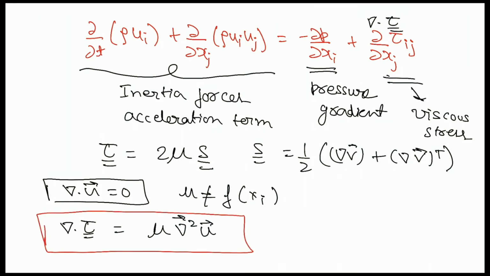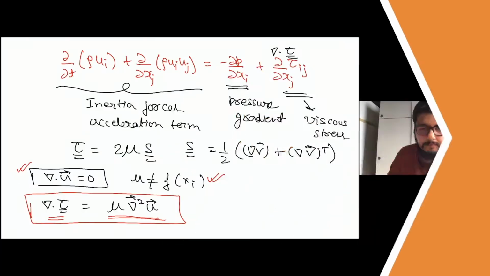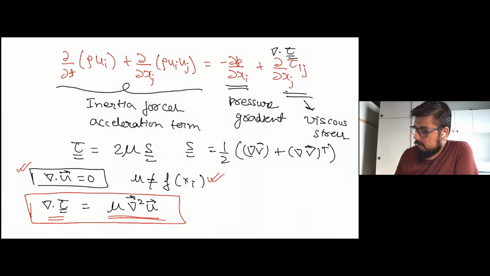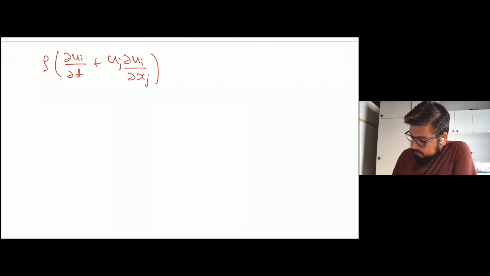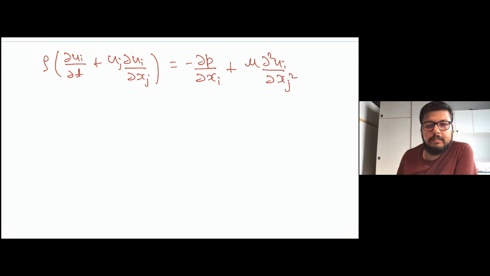So note that we can only write the divergence of viscous stress as mu times the Laplacian of the velocity field if the velocity field is divergence free and the viscosity is constant. So if we put in these assumptions, then we get a simplified version of the Navier-Stokes equation. In this lecture, we are going to work with this simplified form.